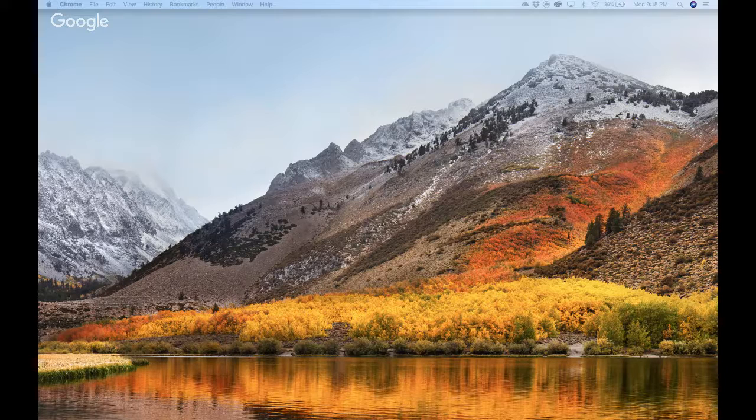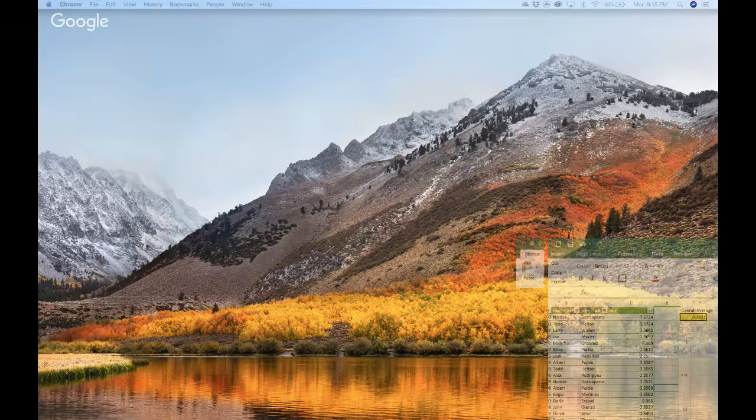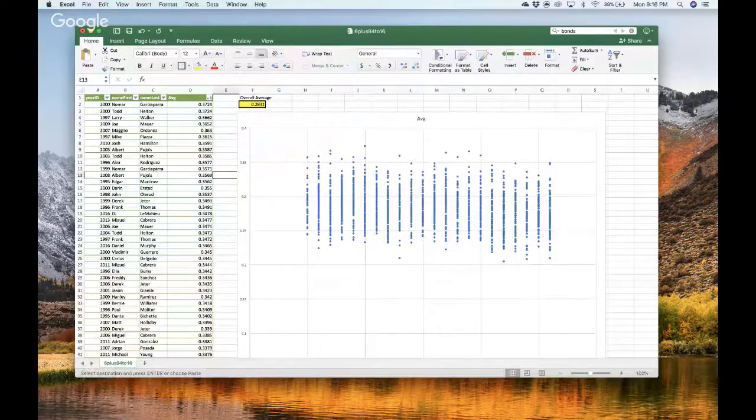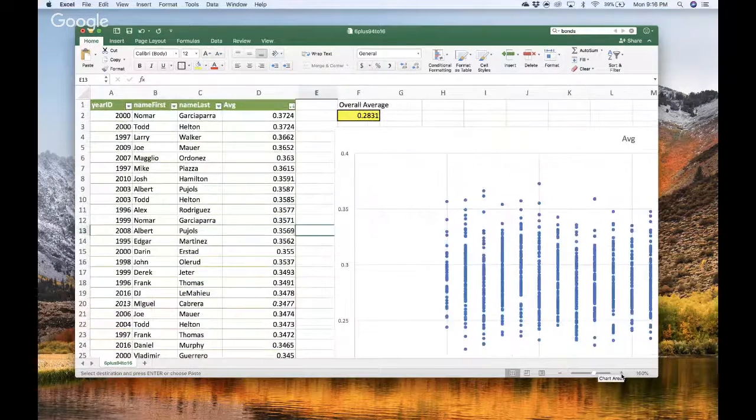Hold on. So I was kind of surprised. Here's our data, and I made a little scatter plot, which I did before I realized we were doing scatter plots. Let me zoom in a little bit. Our overall average for over 6 feet was essentially a .283 batting average, more precisely .283.1.